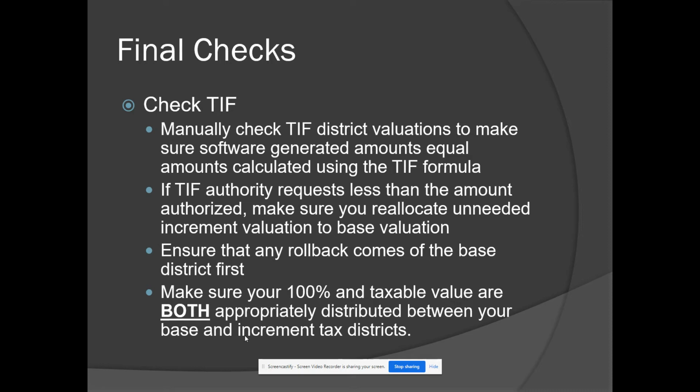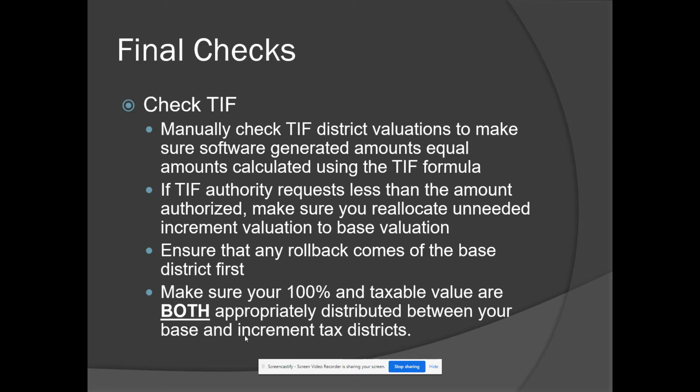So if they're not using the full amount of their available maximum increment that they could use, you would divert that value back to the base value at the time that you submit valuations. It's not proper to do that down the road when taxes are being done. You do that now when you submit valuations. The valuations submitted should be only the value that's needed to service the TIF debt for the upcoming budget year.